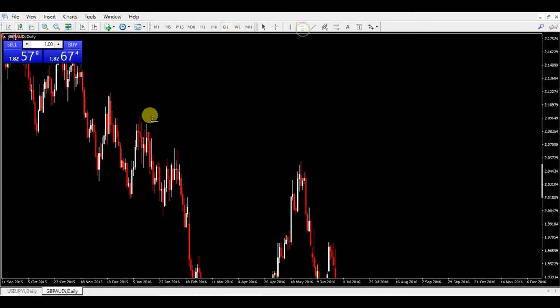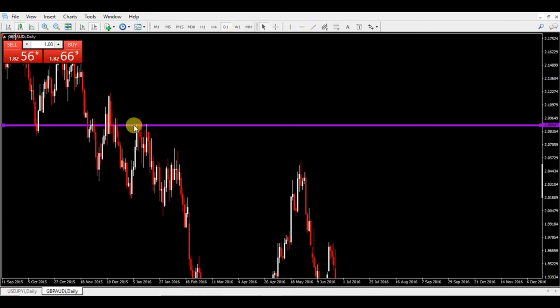Like, for example, boom. Why? Because the market came up, major wave on the daily, and reacted. And back here it came down and reacted. Broke through, retested, dropped. Broke through, retested, rallied, broke through, retested, dropped.